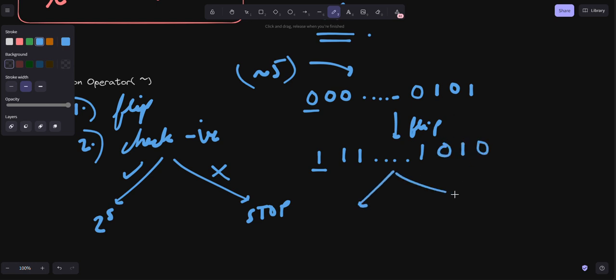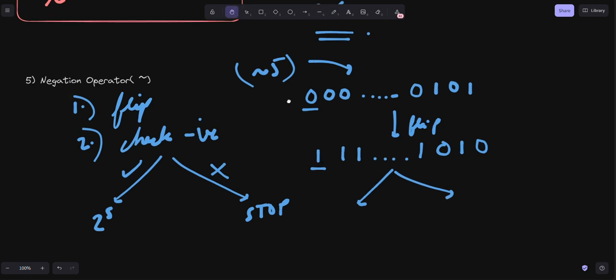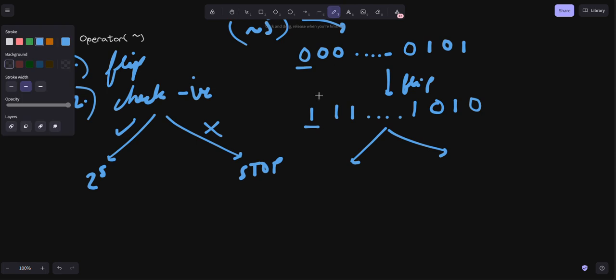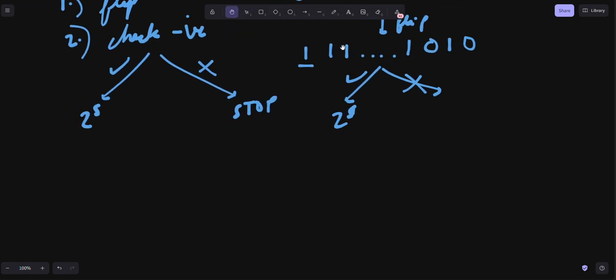Now you have two ways. You need to check if the number is negative or not. It is negative because it has 1, so we won't take the other way, we will do the 2's complement. How will you do the 2's complement? It's easy.